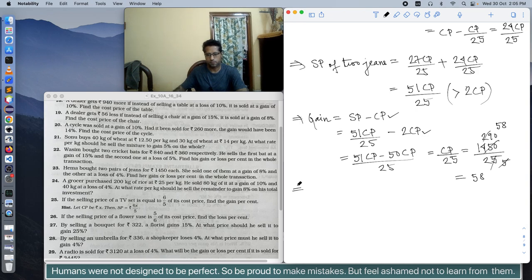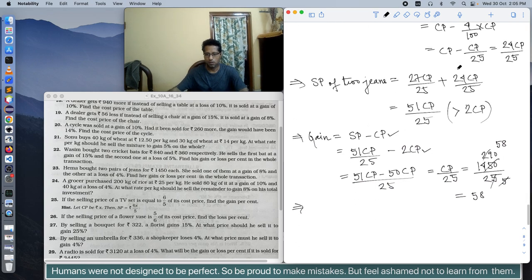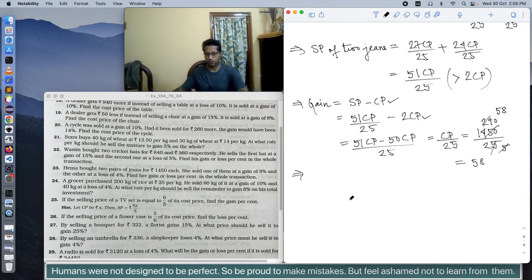Therefore, the cost price was 2 CP, which is equal to 2 into 1450. So we have gain equal to rupees 58. Therefore, gain percent is equal to gain divided by the CP of 2 jeans, multiplied by 100.